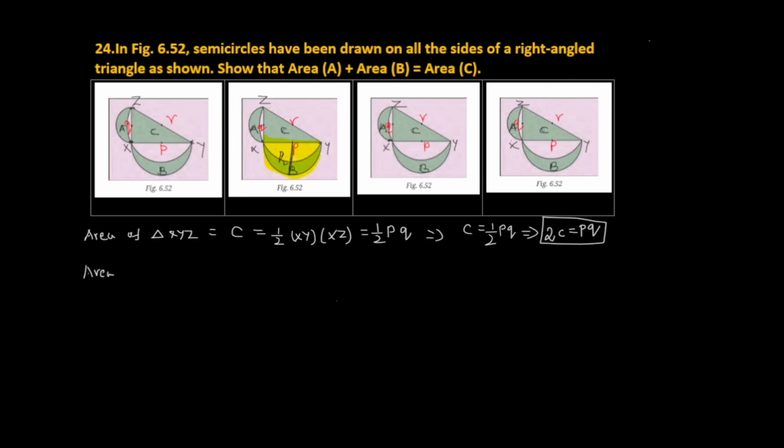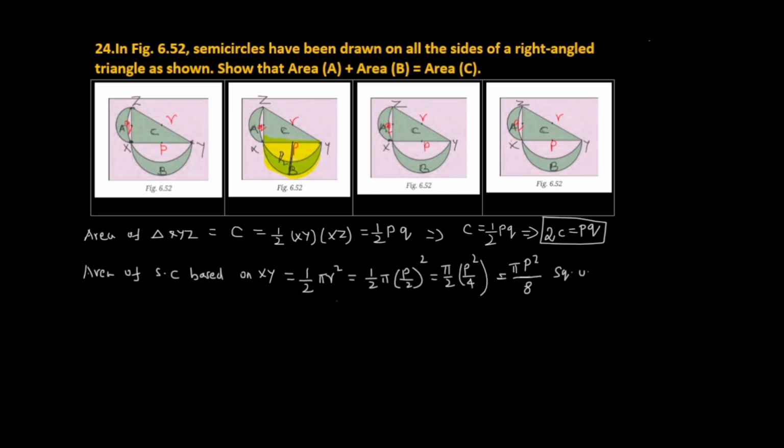So area of semicircle based on the side XY: half pi r squared, so 1 by 2 pi into P by 2 the whole squared is equal to pi by 2 into P squared by 4, that is equal to pi P squared by 8 square units. This is the area of one semicircle.